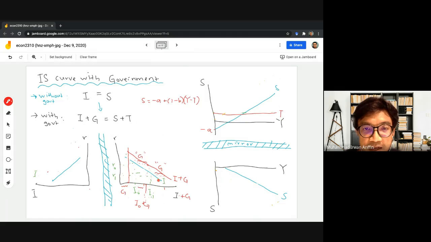Similarly at R1, our total injection is now I1 plus G.